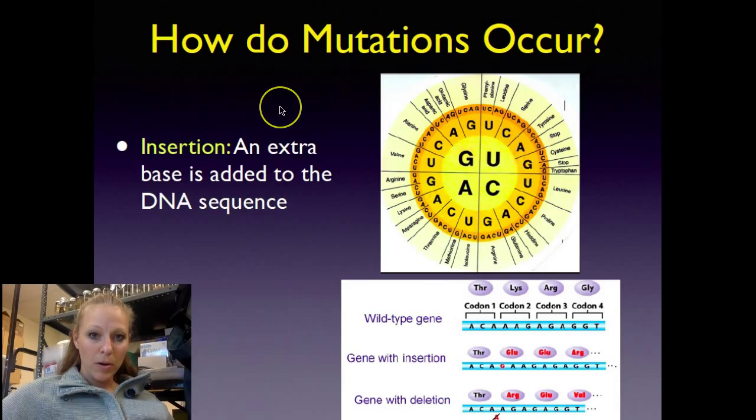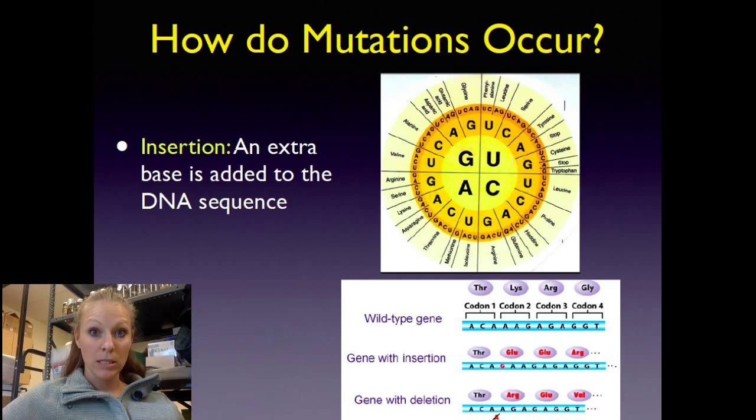Another type of mutation can be an insertion, and this results in something called frame shift. Make sure you write down frame shift somewhere in your notes because it is a key vocabulary term. An extra base is added to the DNA sequence. So let's look down here. If this is our original mRNA sequence, we have the codons ACA, AAG.